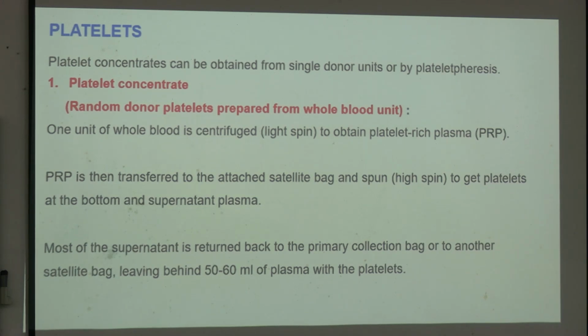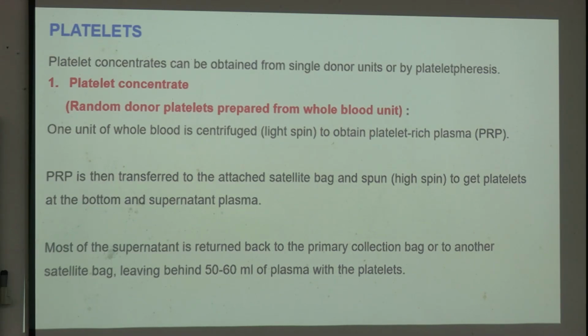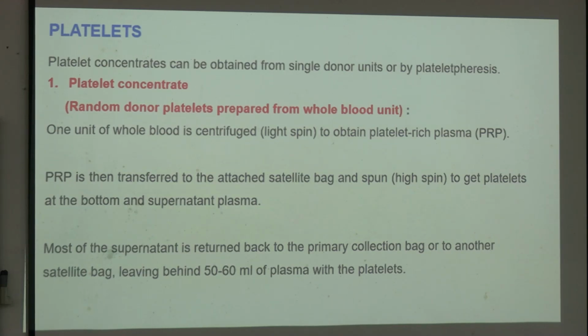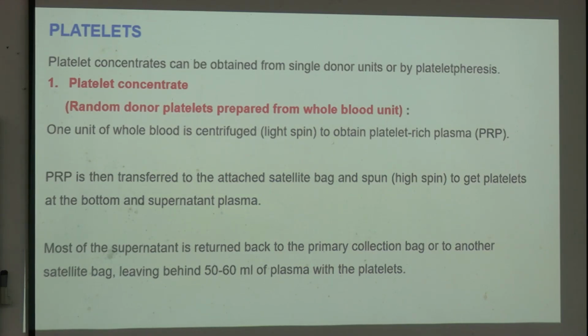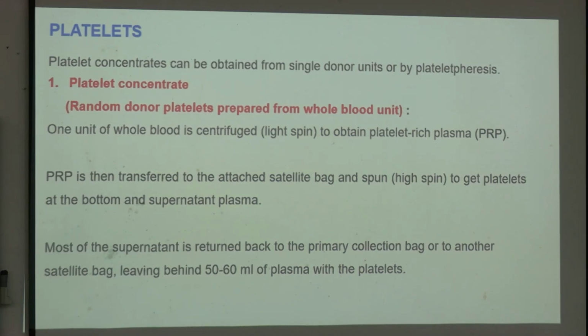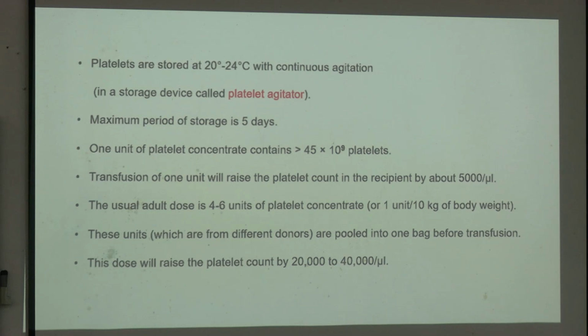The platelet-rich plasma is transferred to a satellite bag and spun at high speed to get the platelets at the bottom and the supernatant plasma. Most of the supernatant is returned to the primary collection bag or to another satellite bag, and 50 to 60 ml of plasma remains with the platelets.